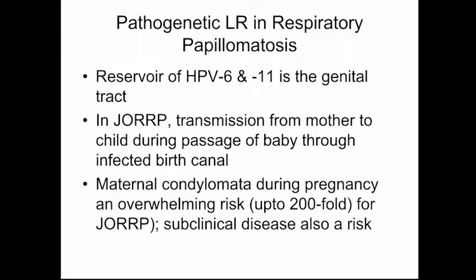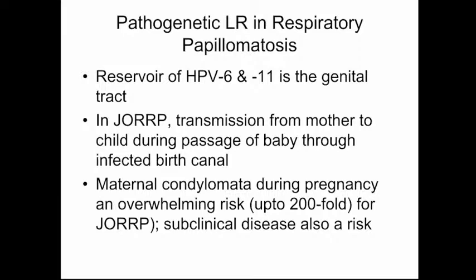In terms of genital disease, the genital tract appears to be the reservoir for type 6 and 11. And for the juvenile onset RRP, the transmission appears to be from mother to child during the passage of the baby through the infected birth canal. So you will see it in the children born to women with maternal HPV.